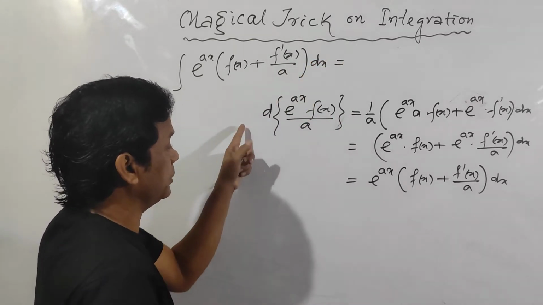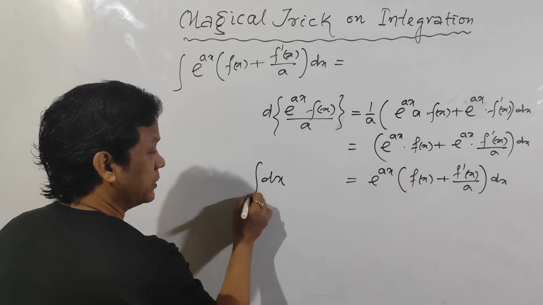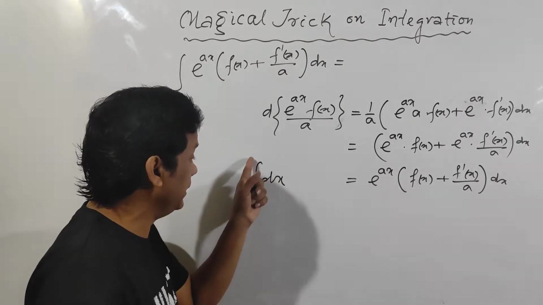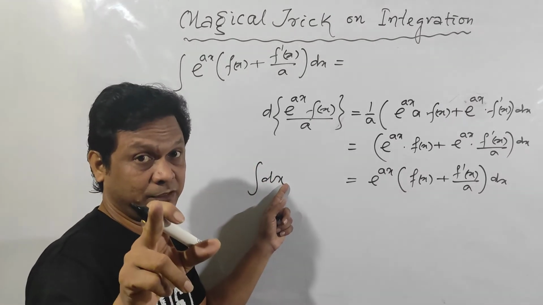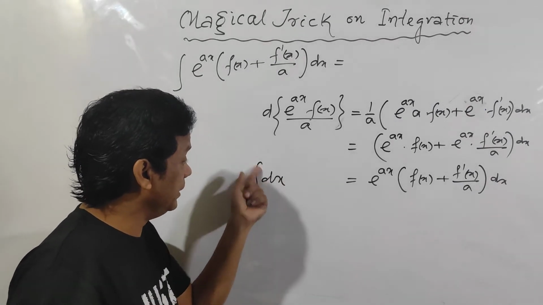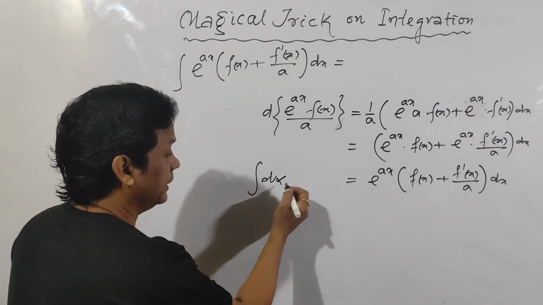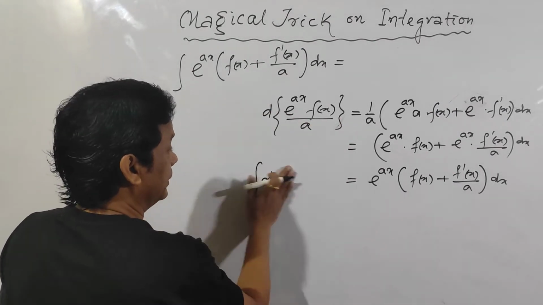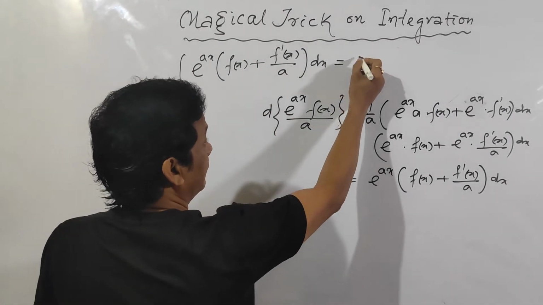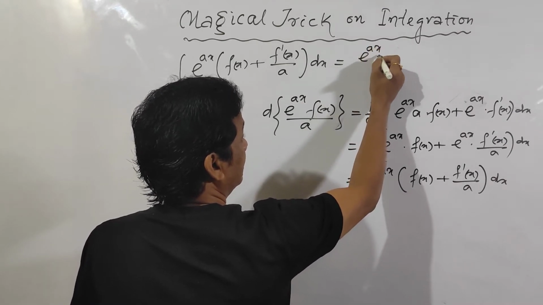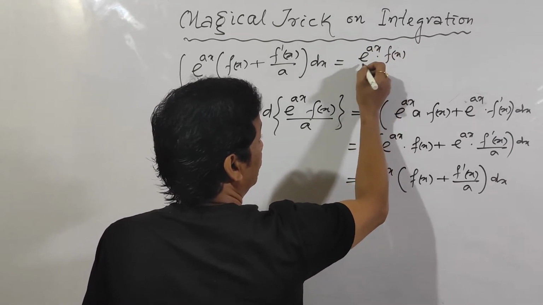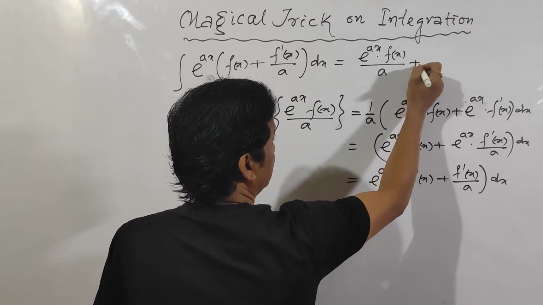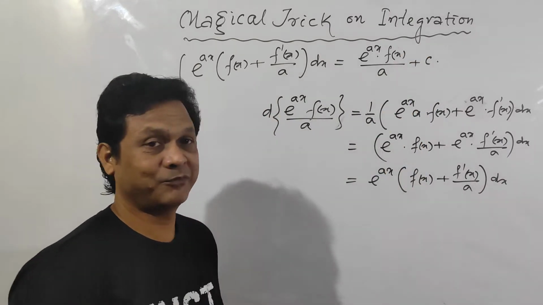Already it is known that integration of dx is d of something, integration of d of something is equal to something. If it is d alpha, then integration will be alpha. So d of this one, integration, then it will become e to the power ax into f of x whole divided by a plus c. C is the constant of integration.